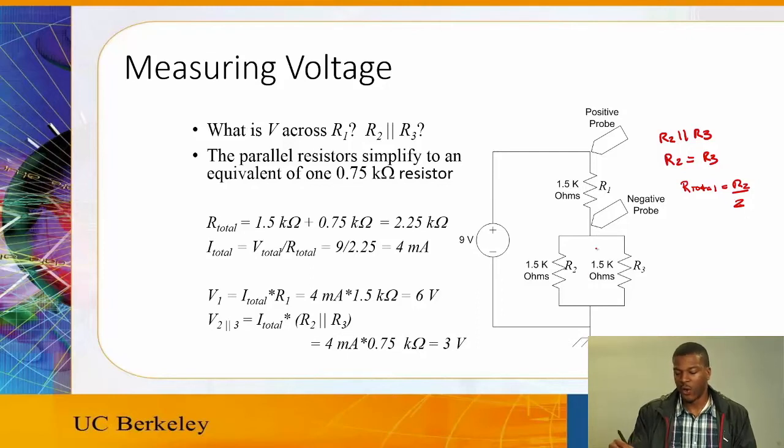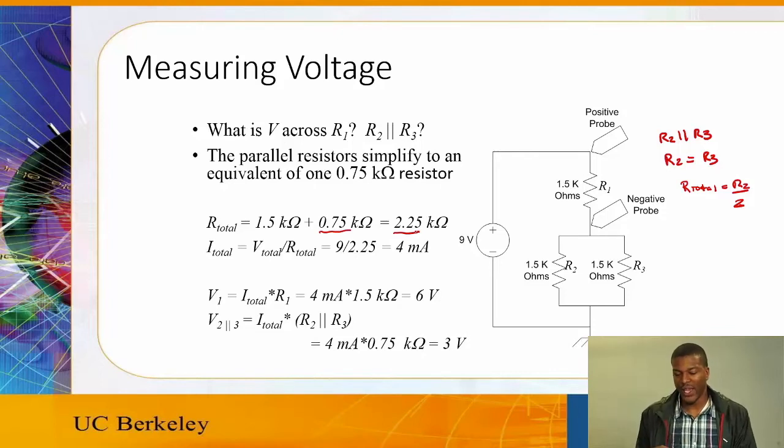So the equivalent resistance of R2 and R3 would be 0.75 k ohms, which is in series with the 1.5 k. So the total resistance of the entire combination of resistances is 2.25 k ohms.